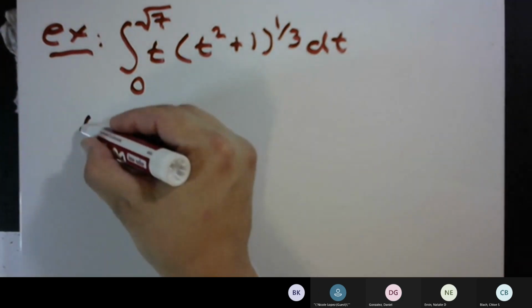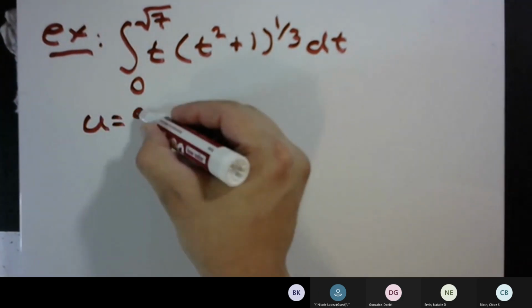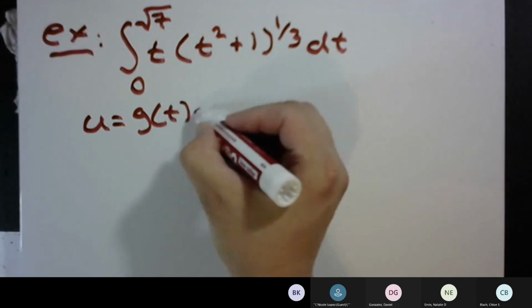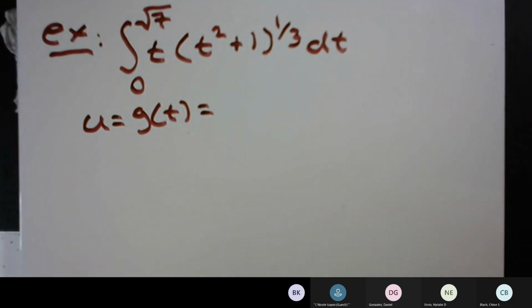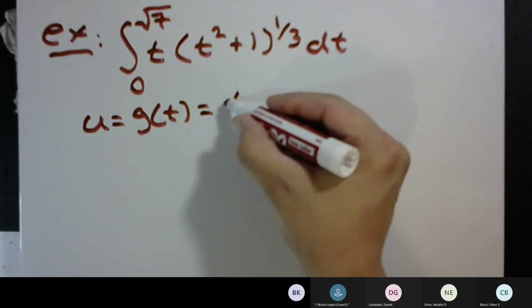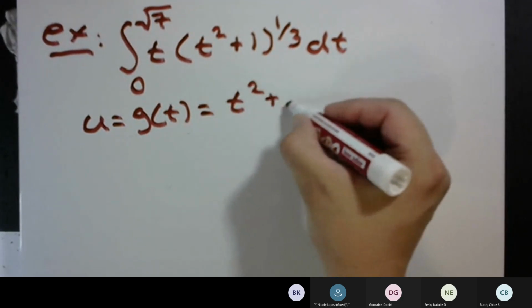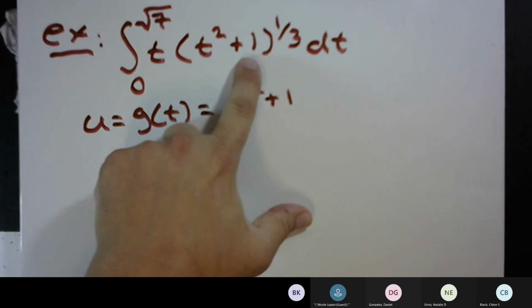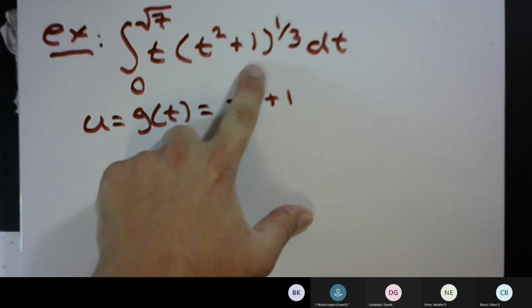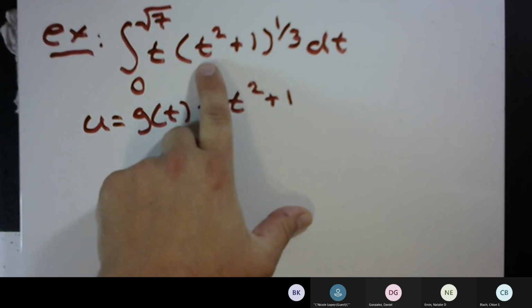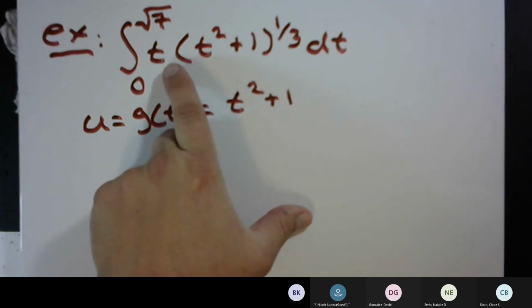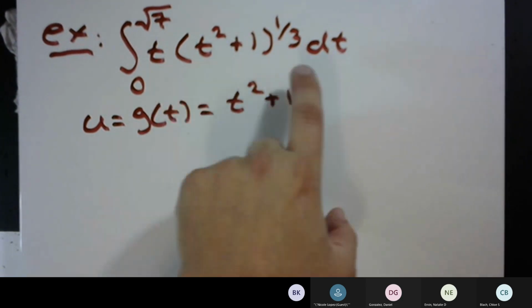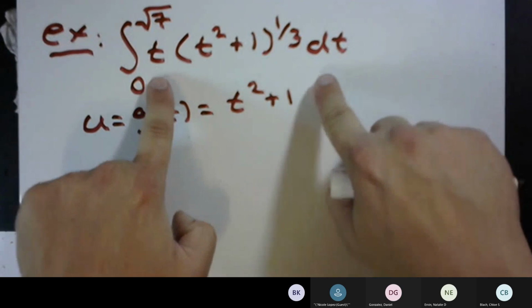So we're going to let u, which is going to be our g of t this time, because we've got t as our independent variable. Let's let it be t squared plus 1. And again, the thinking is this. If we take the derivative of t squared plus 1, we're going to get 2t. So we're going to get a t left over as our g prime. Well, there's a t. So that t and the dt, they'll exit together.